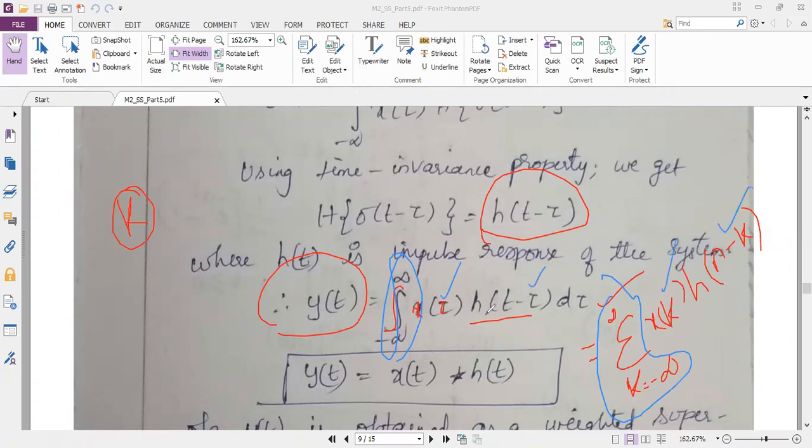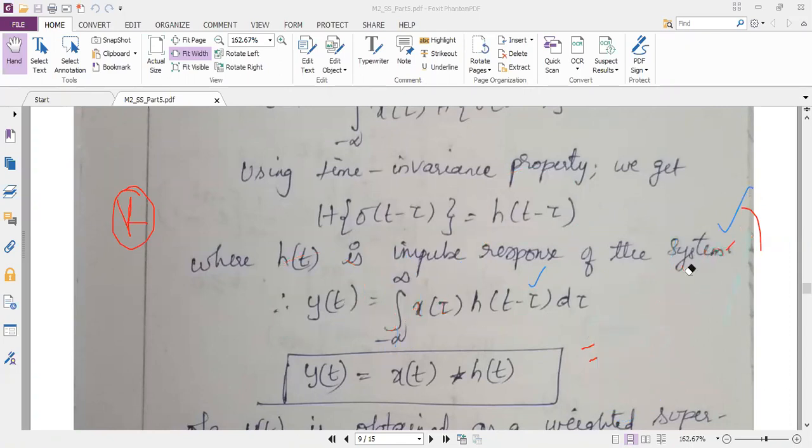That's it. So this integral formula can be written using the convolution symbol also: y of t is equal to x of t convolved with h of t.